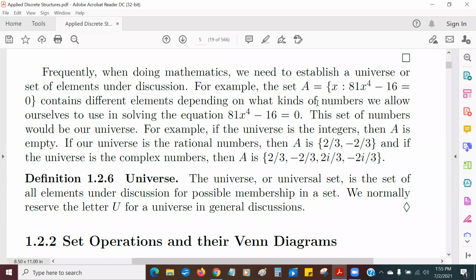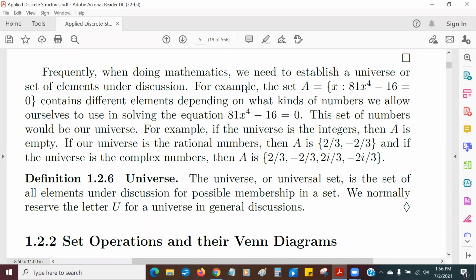So if the set A is the set of X such that 81x to the fourth minus 16 equals 0, it contains different elements depending on what kind of numbers we allow ourselves to use in solving equations. The set of numbers would be our universe. For example, if the universe is the integers, then A is empty because there's no integer that makes this true. However, if the universe is the set of rational numbers, then A could be 2/3 or negative 2/3.